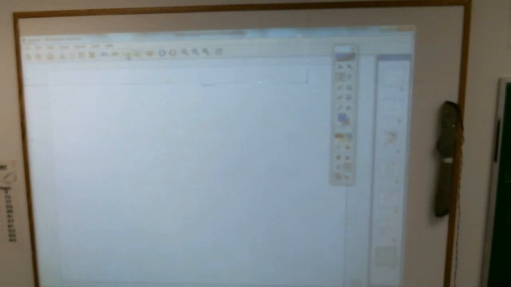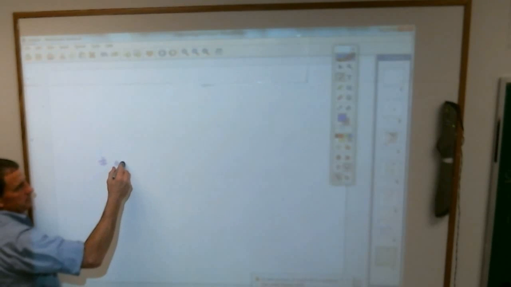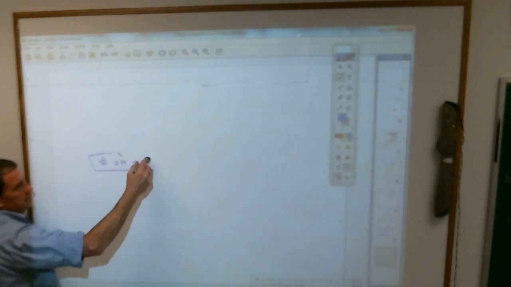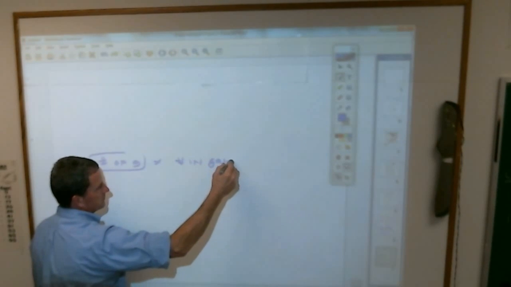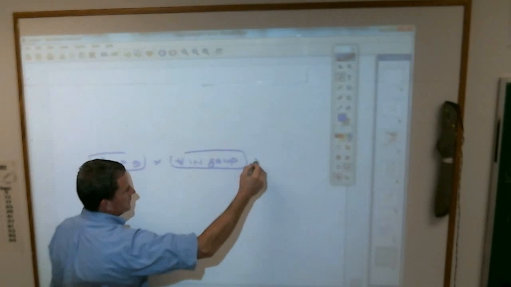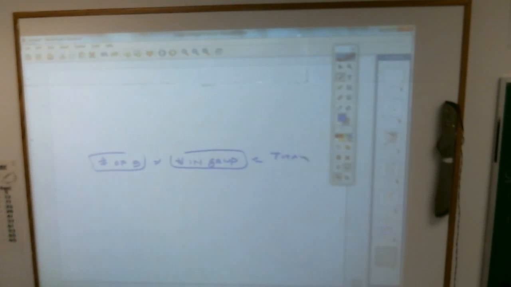Slow down before you answer, let's think about this in terms of what I just said. Remember, number of groups times the number in each group equals total, right?